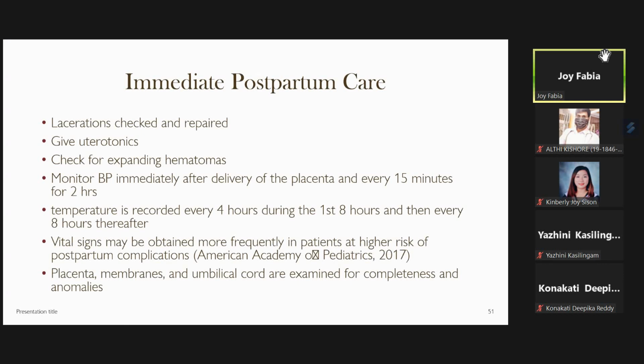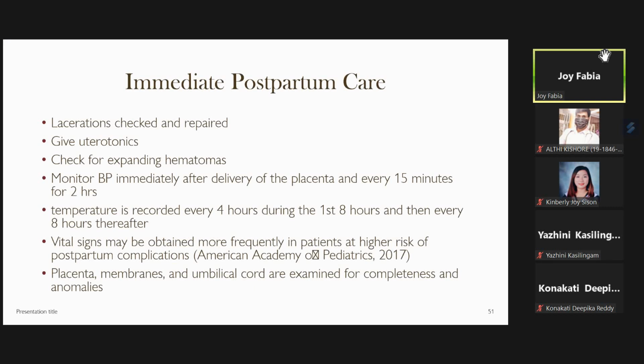For the immediate postpartum care, we have to check the lacerations and they should be repaired. Then followed by giving of uterotonics. In cases of expanding hematomas, we have to release the hematomas. In cases of hematomas less than 5 centimeters and not expanding, sometimes we don't evacuate it anymore.